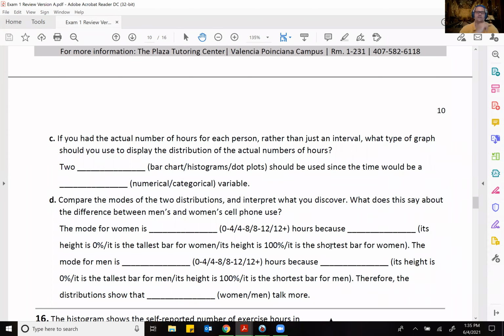All right, part C. If you had the actual number of hours for each person rather than the interval, what type of graph should you use to display the distribution? Bar charts, histograms, or dot plots? Which one should we use? So if we actually had the number of hours on the phone.